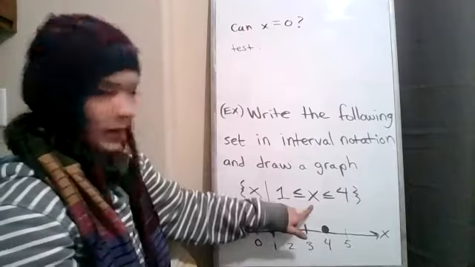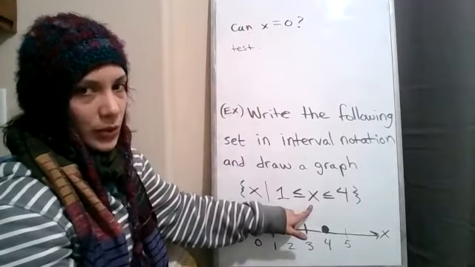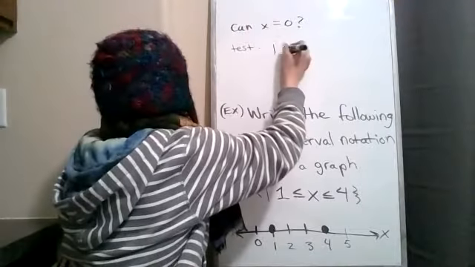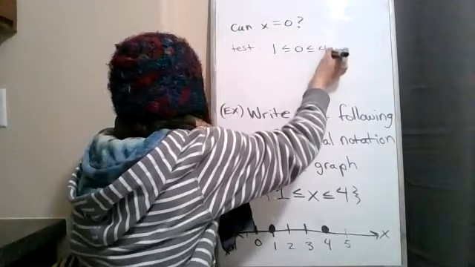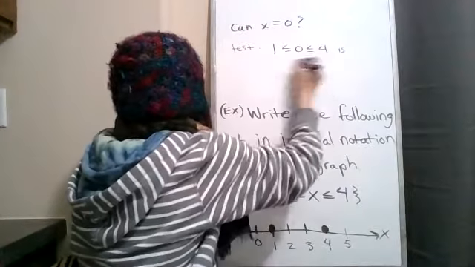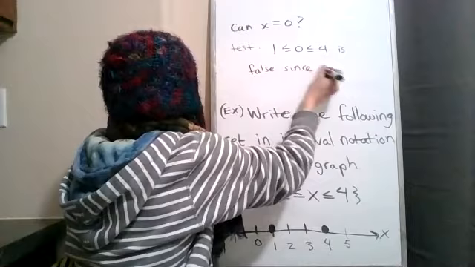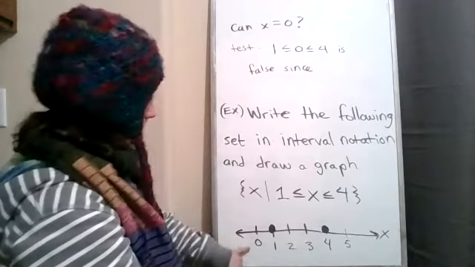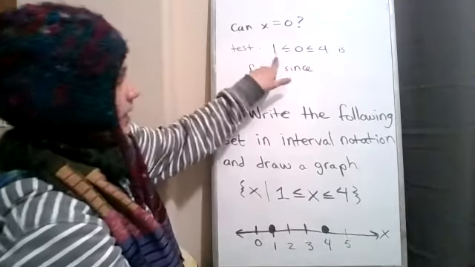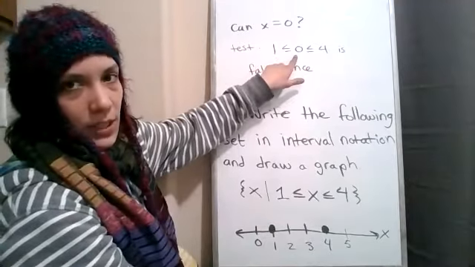Okay, put 0 in here and just see if it's true or false. One is not less than or equal to 0.